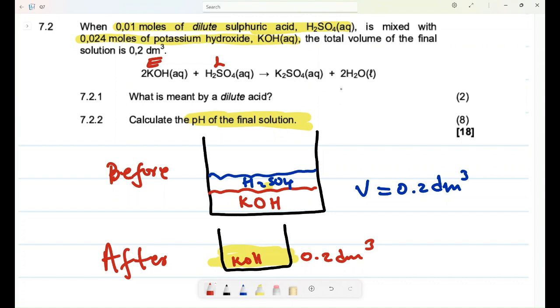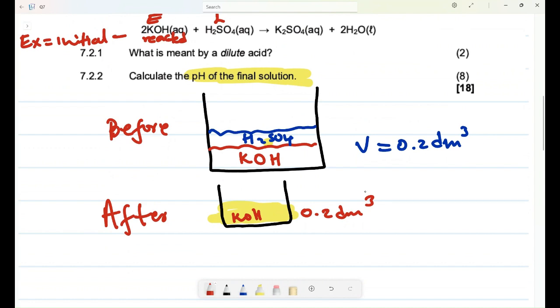Remember, if you have excess and limiting reagent, the excess has an amount that has reacted and it has an initial. So if you say initial minus the reacted, you get the excess, the remainder.